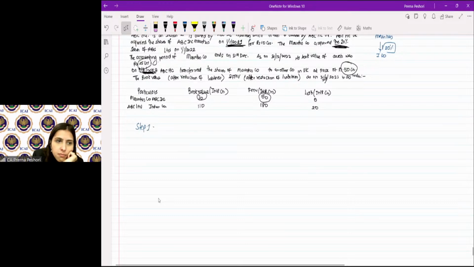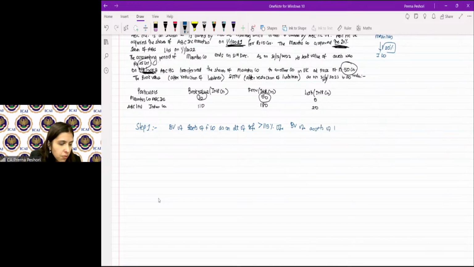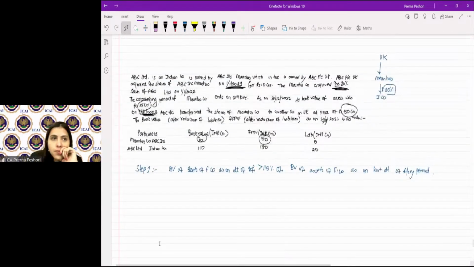So step 1 is: book value of the assets of the foreign company as on the date of transfer is greater than 115% of the book value of assets of the foreign company as on the last date of the accounting period. When did the transfer happen? As on 31st March 2023. This is my date of transfer, right?